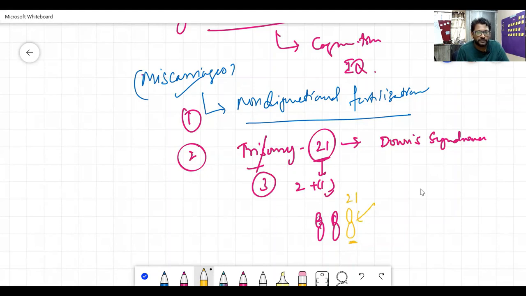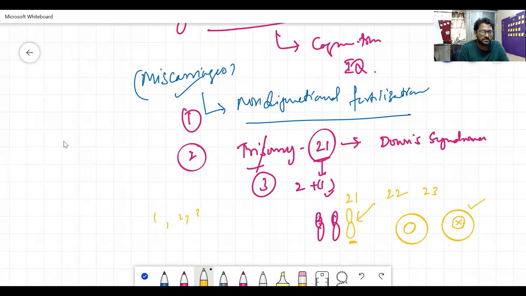We have 23 chromosomes, right? So they have to be separated. But here, in one cell during cell division, one extra is there, and in the other cell nucleus, one chromosome is missing. So here deletion happened.